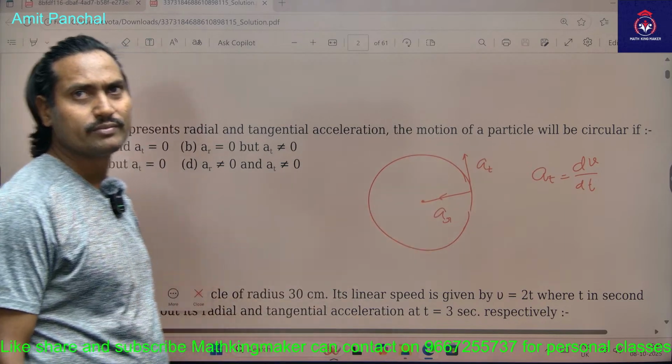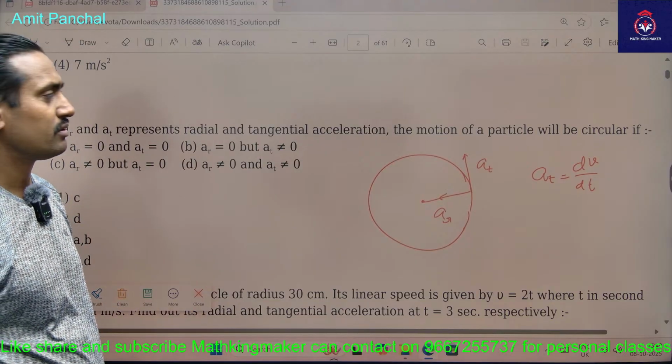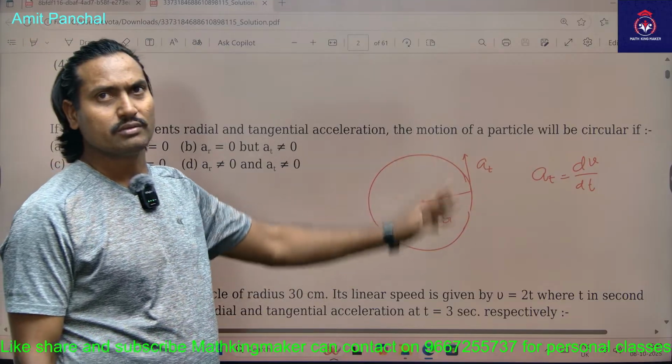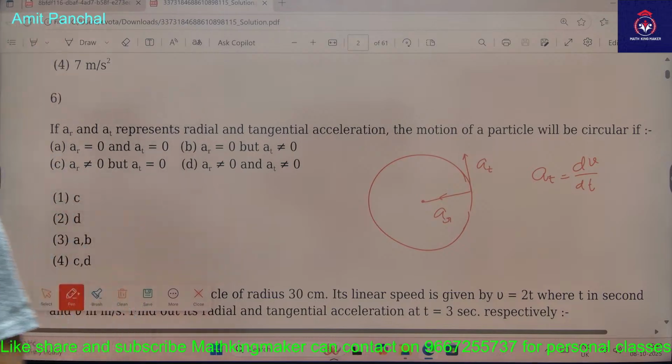But even if tangential acceleration is 0, what will be the force pushing it forward then? If there is no change in speed, then tangential acceleration may be 0. Tangential acceleration may or may not be 0.